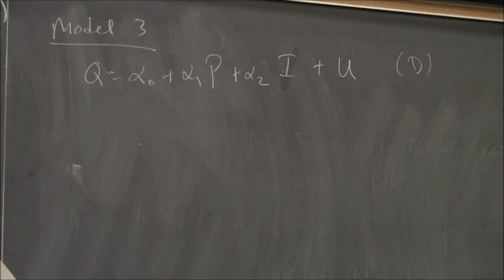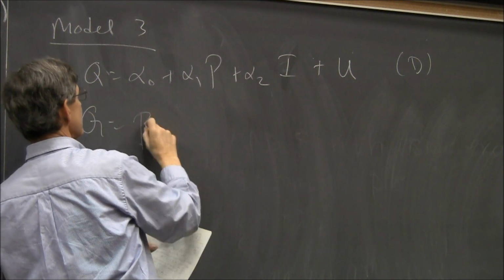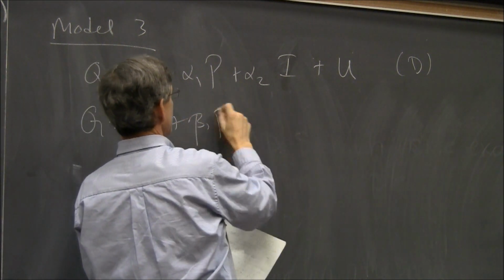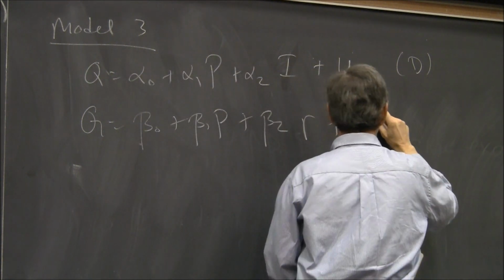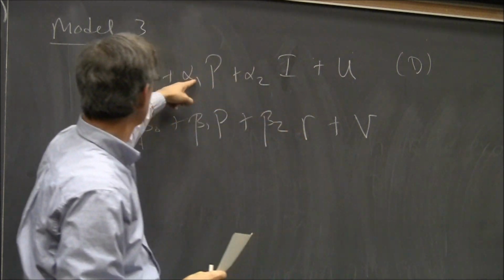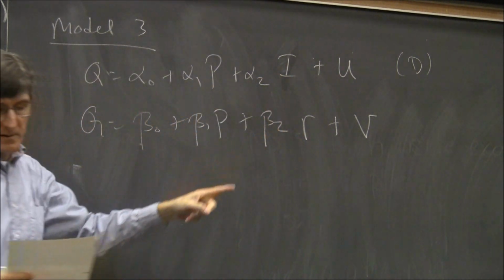So we'd expect alpha 1 to be negative and alpha 2 to be positive if it's a normal good. And then you have Q equals beta 0 plus beta 1 P plus beta 2 R plus V. So this R is going to identify this, just like we showed over here. This I will identify this.